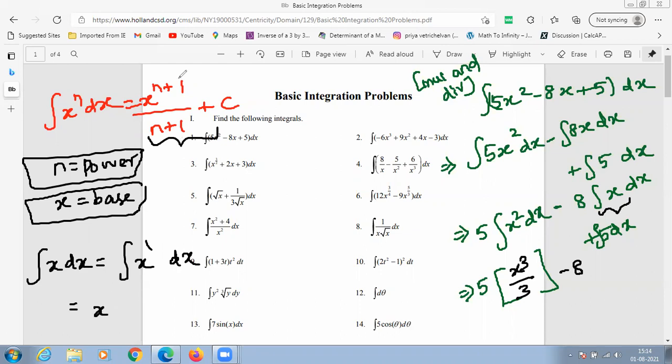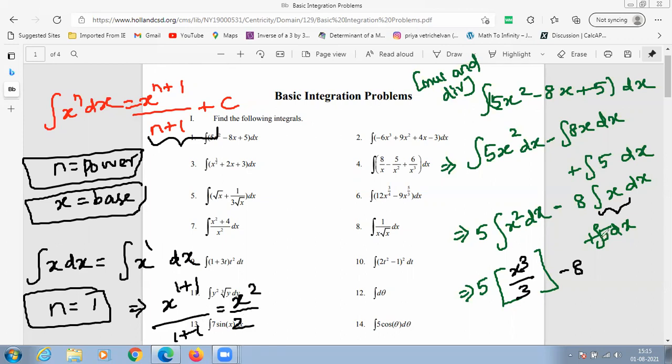If you integrate, you will be applying this rule. So here the base x is x only and the value of n is 1. So I'm going to raise its power by 1, and in the denominator also again I have to write it. So it's x power 2 upon 2. So I'll write it here, x power 2 by 2.